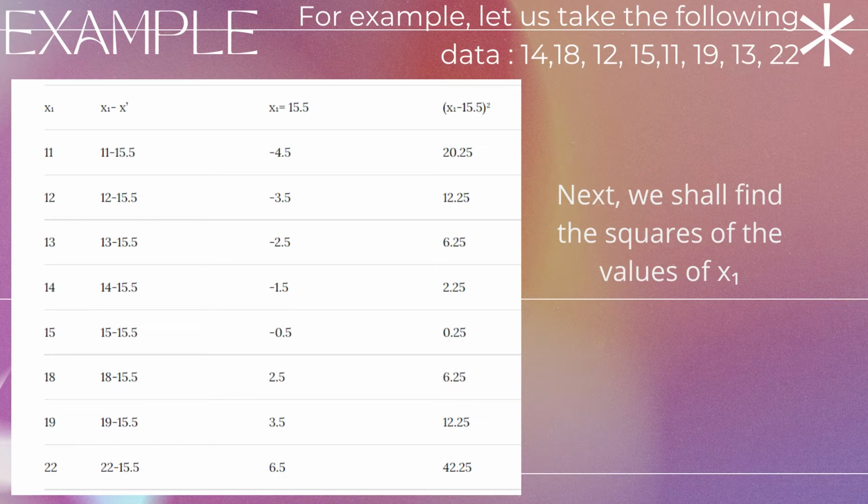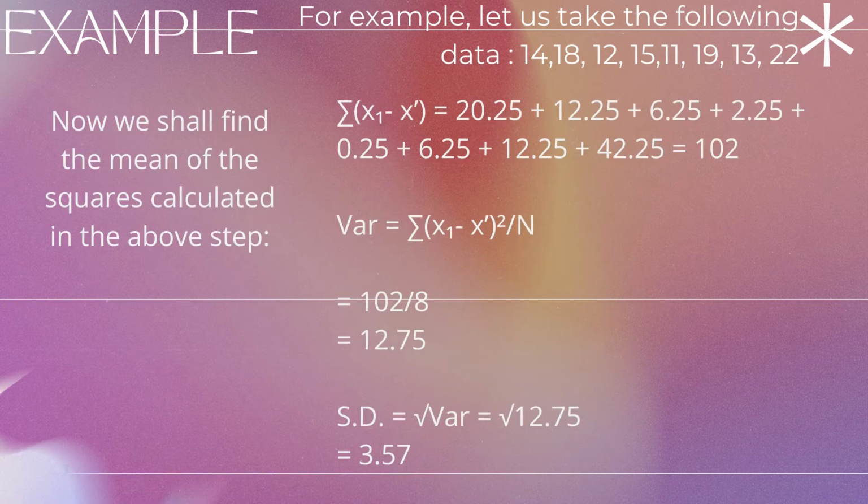So, ganun ang gagawin hanggang sa pinakahuling given value natin. Finding the squares of the difference of our given values and the mean. Now, nakuha na natin yung squares of the difference of mean and our given data.